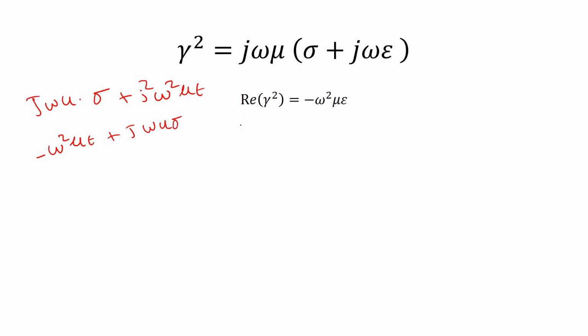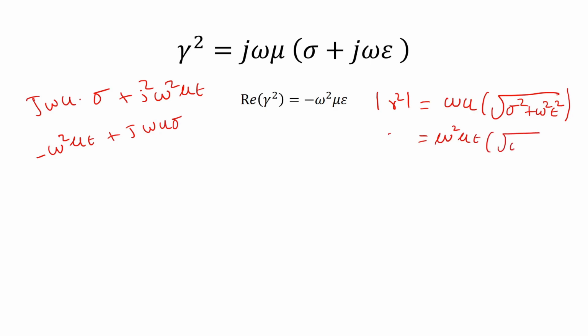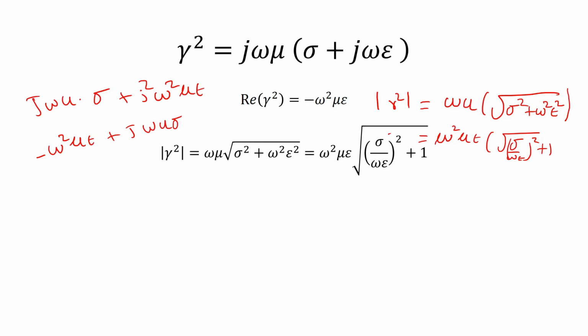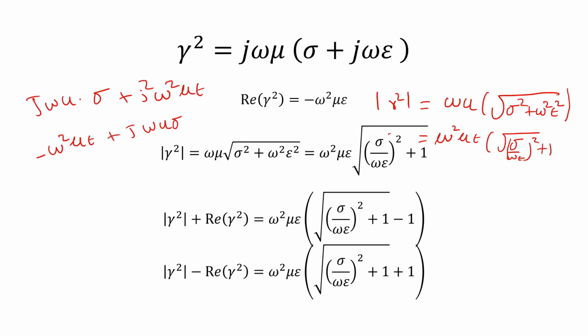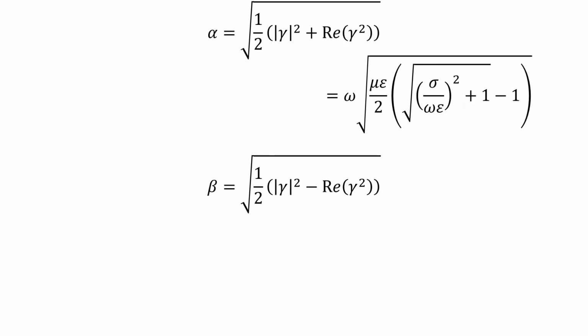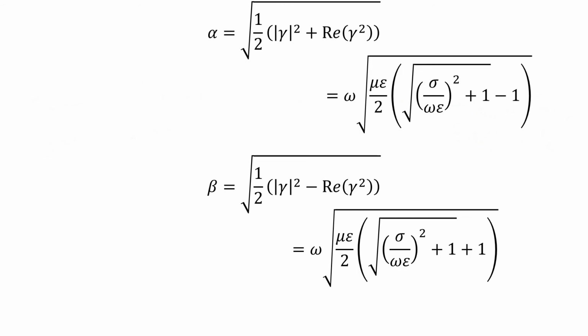So the real part of gamma square is minus omega square mu epsilon. If I take omega square mu epsilon common out of this, the magnitude of gamma square is omega square mu epsilon times root over (sigma by omega epsilon) whole square plus 1. From this, I can attain the values of alpha and beta in such a manner. So these are the wave propagation parameters alpha and beta for an electromagnetic wave.